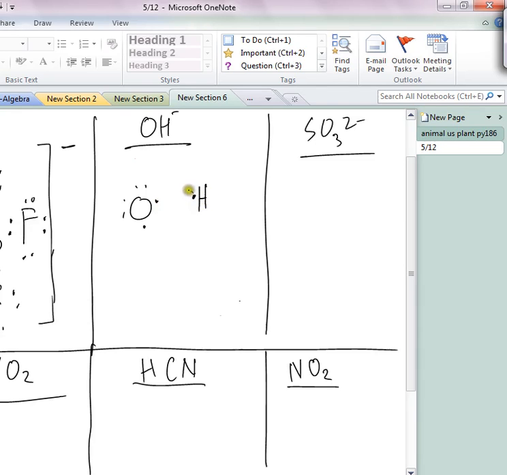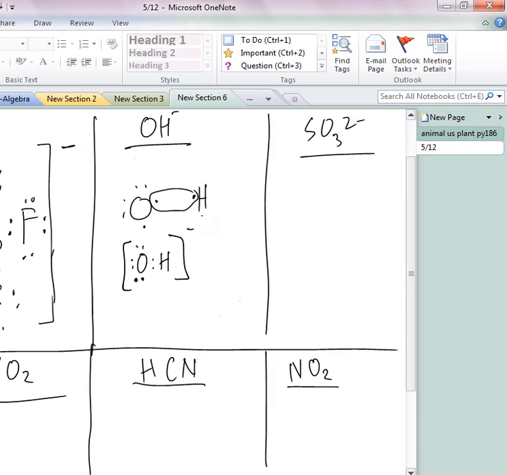So these two are going to be shared, and we get OH. And in this case, this is OH minus, so we put our other electron here. Correct.